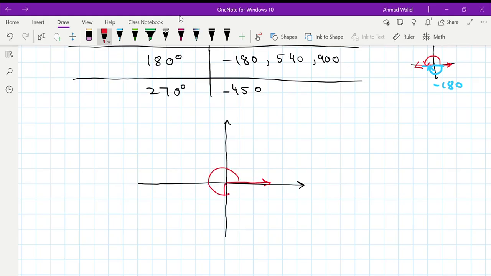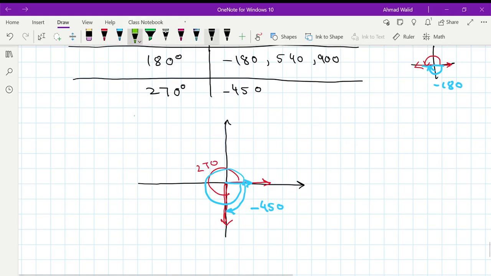This is your 270. I told you negative 450 is also coterminal. Let's find negative 450. Initial side, but go negative. One full round, 360, plus another 90 gives you 450. You see, negative 450 is actually coterminal to 270.